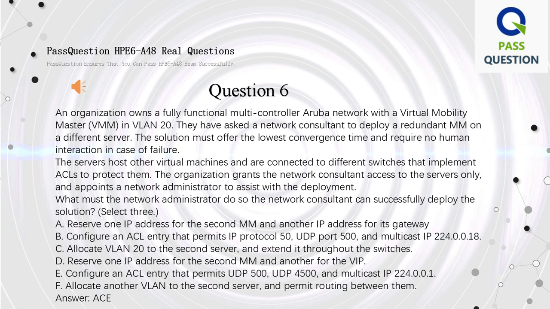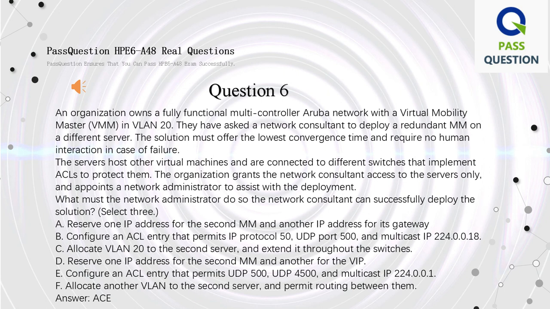The organization grants the network consultant access to the servers only, and appoints a network administrator to assist with the deployment. What must the network administrator do so the network consultant can successfully deploy the solution? Select 3. A. Reserve one IP address for the SecNM and another IP address for its gateway.